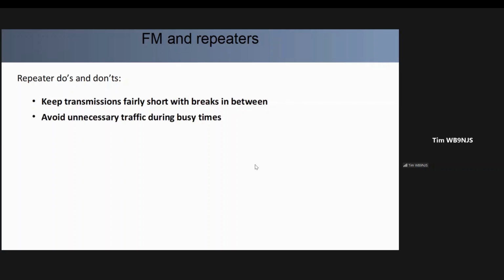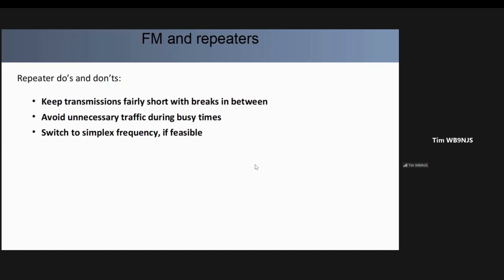During busy times, avoid unnecessary traffic. Not so much of a factor around here, but in urban areas during rush hour, a lot of hams use the repeaters for information on traffic and road conditions. So if it's busy, try to keep the chatter at a minimum. Another good thing to do is to switch to a simplex frequency if you can.